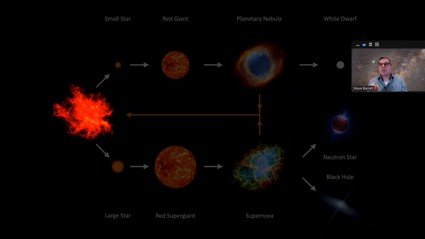So if we return to our cloud of hydrogen on the left-hand side, we've seen that when gravity does its stuff, it can produce stars because the compression of hydrogen ultimately can lead to nuclear fusion. If that produces a small star, and small in this context means something similar to our sun, then a star like that might live for many, many billions of years.